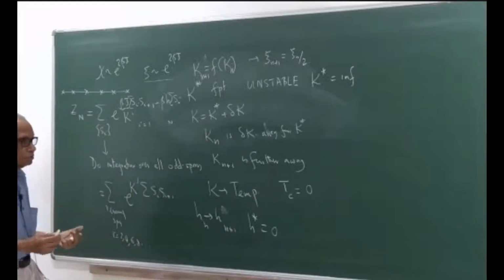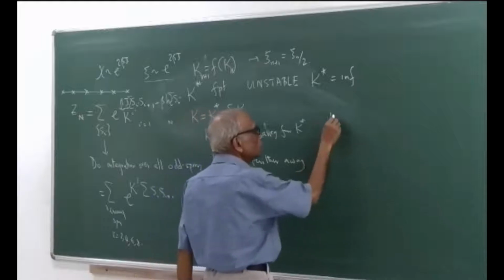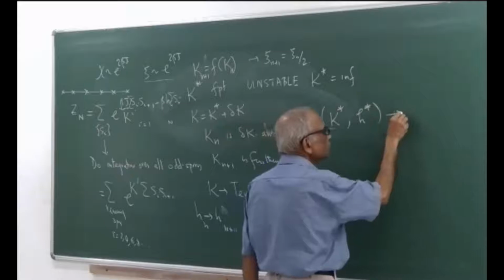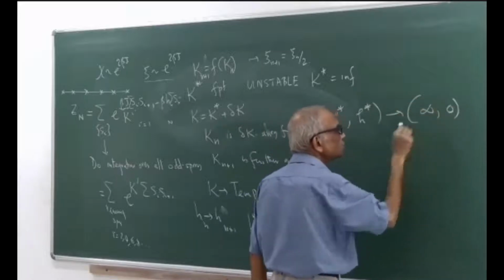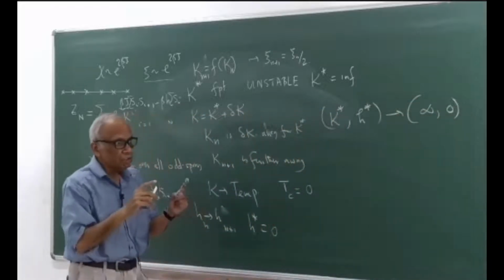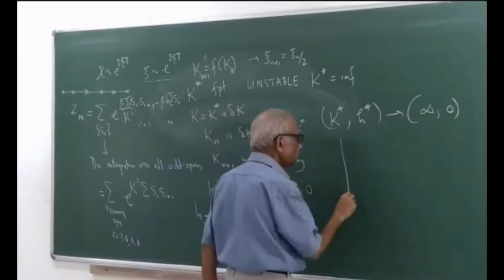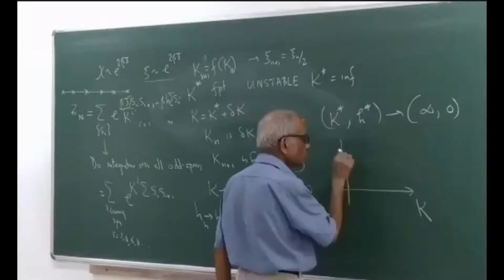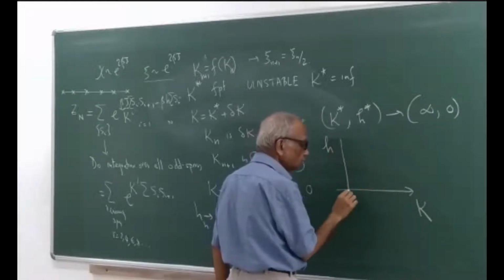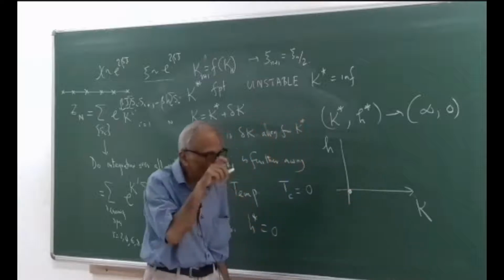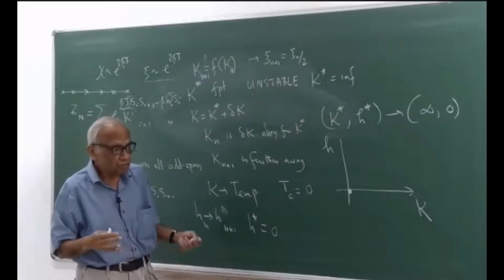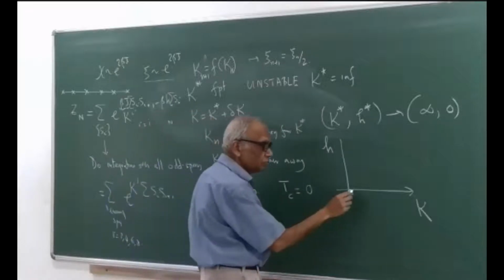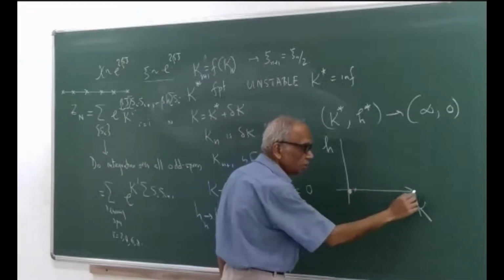Once again, the fixed point is going to be K star, H star, which would be infinity and 0. And here at the origin, whichever direction you go away from, if you start somewhere over here, you are driven out.